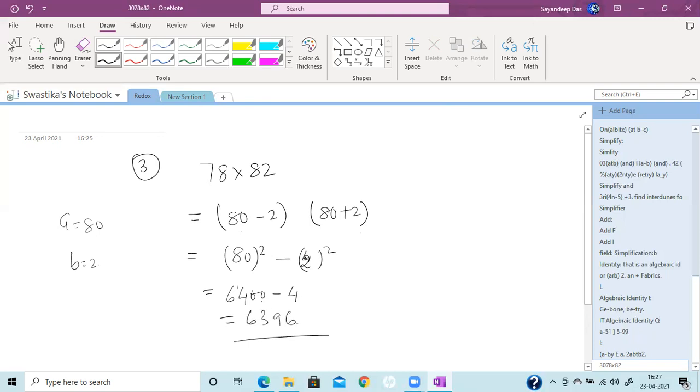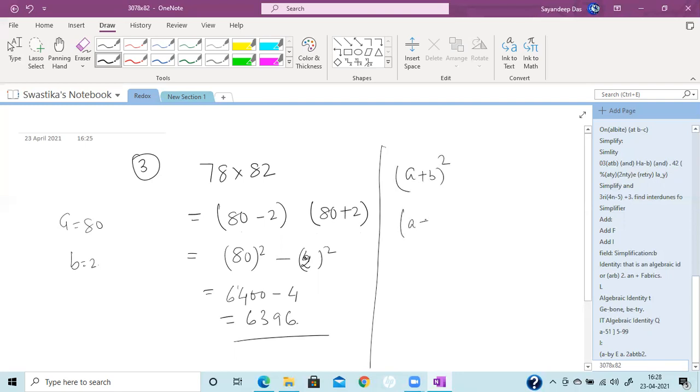So very easily, in any competitive exam you are appearing for, you may get this kind of problems. You should be able to solve them very easily by using the algebraic identities. We must now remember how many identities we have learned and how their applications can be done. First one is (a plus b) whole square equal to how much?